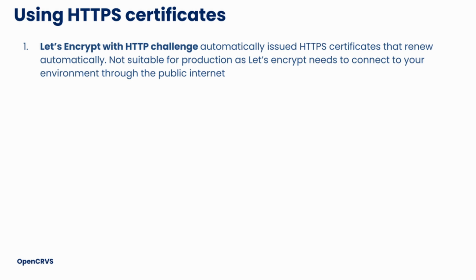So, before we discuss option number 2, let's take a moment to discuss the security of your OpenCRVS application. Your OpenCRVS environment should always be deployed to a private network that can only be accessed via VPN.